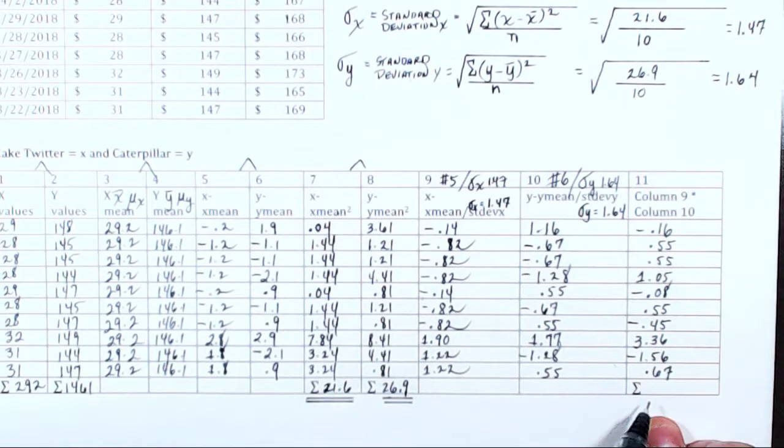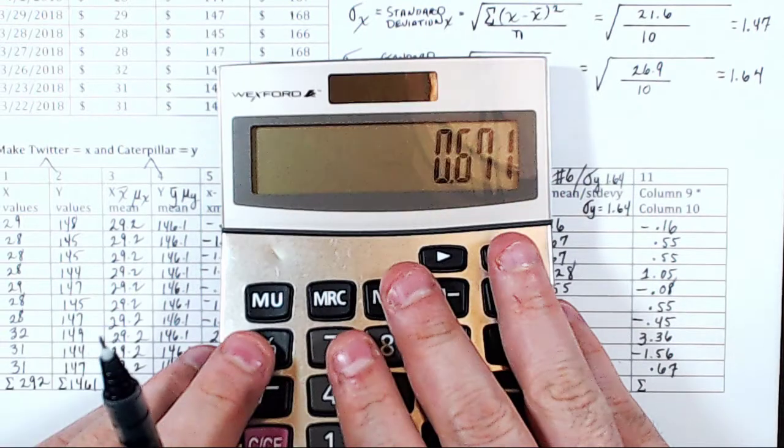Now we just add these up. It says to make a sum down here. It's important. Let's add them up.